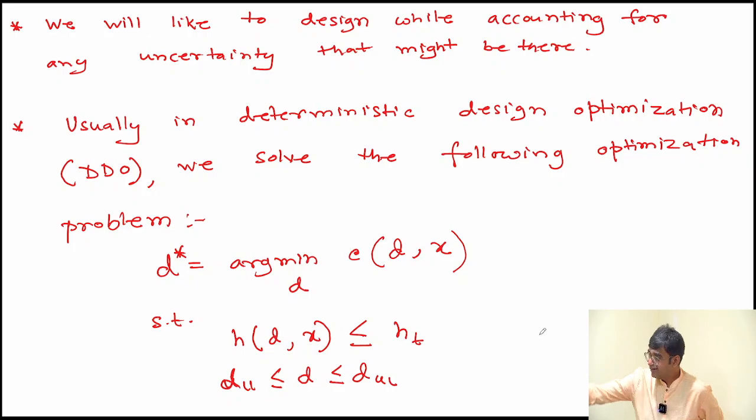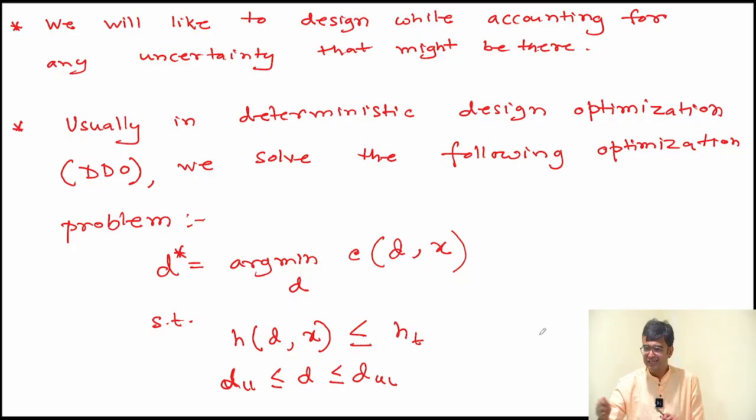So I want to make it reliability based. So this H will now act as my limit state. Stress should not exceed a threshold. That's a limit state.